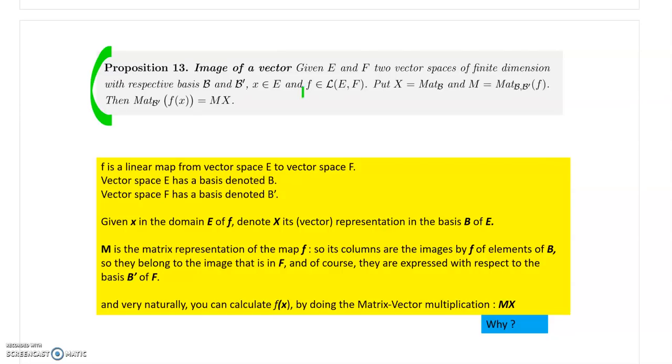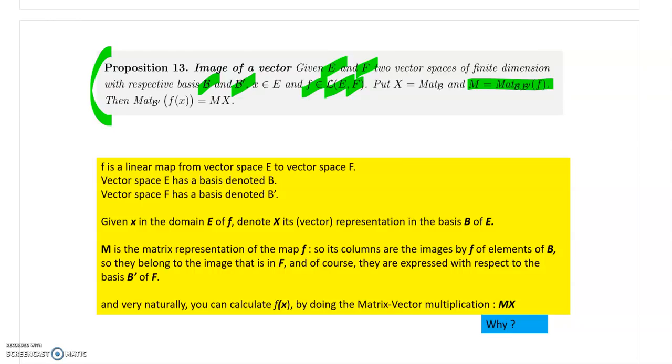You've got a map F that belongs to the set of linear maps between vector space E and vector space F, which both have finite dimension, with a corresponding basis B for E and a corresponding basis B prime for F. You can make the matrix of the linear map F the same way as before, by writing in columns the images of the elements of B expressed with respect to basis B prime.